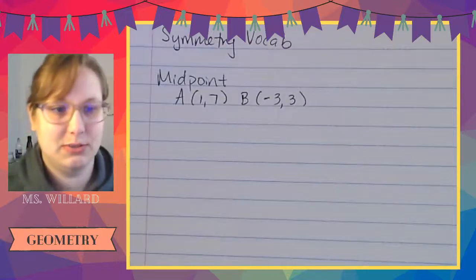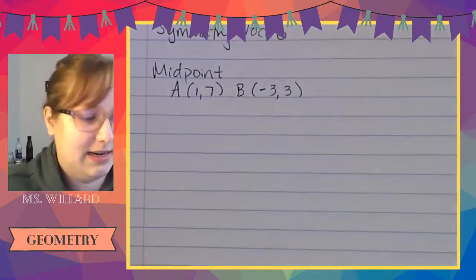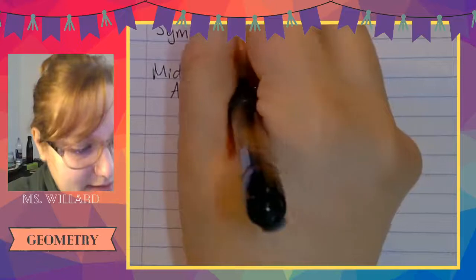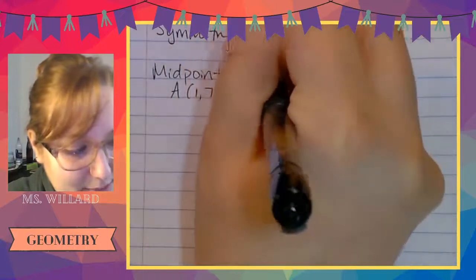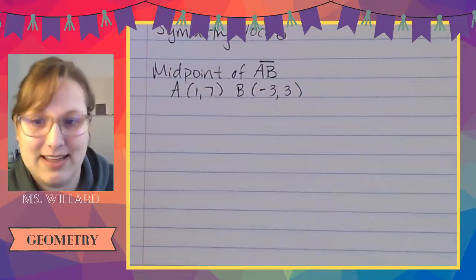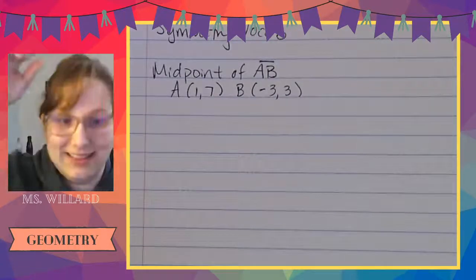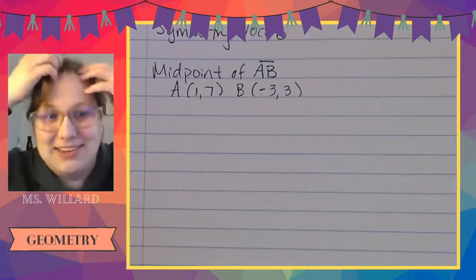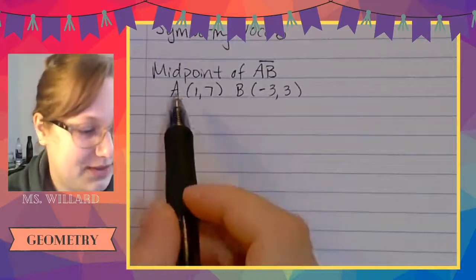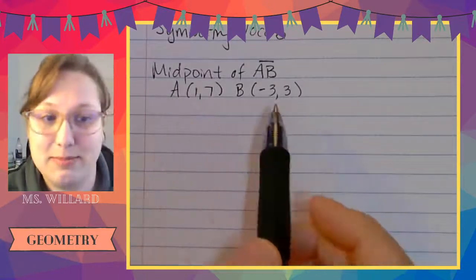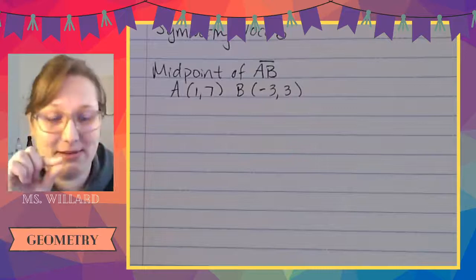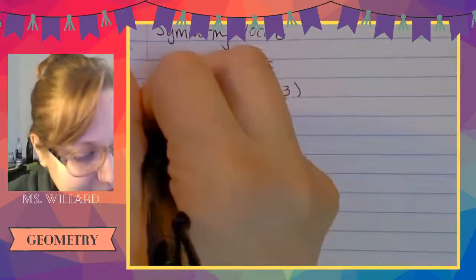I'll just say that those are the 2 points. So I want to find the midpoint of line segment AB. This is what I was talking about in that document. When I want to say line segment, I don't need to use the words line segment. I can do a literal line segment as a hat over the line. So point A starts at (1, 7) and point B starts at (-3, 3). I'm going to connect them and find the middle point. I have two options for this.